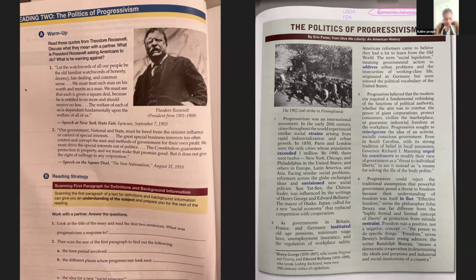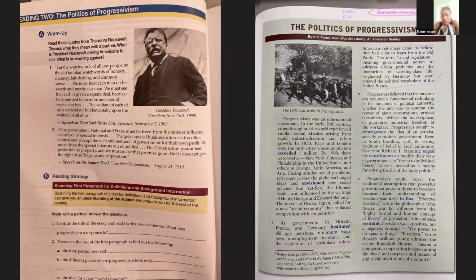As the governments of Britain, France, and Germany instituted old age pensions, minimum wage laws, unemployment insurance, and the regulation of workplace safety, American reformers came to believe they had a lot to learn from the Old World.